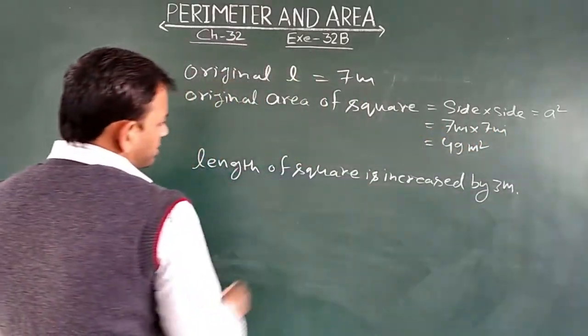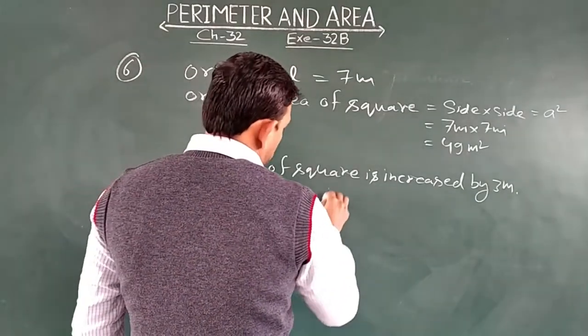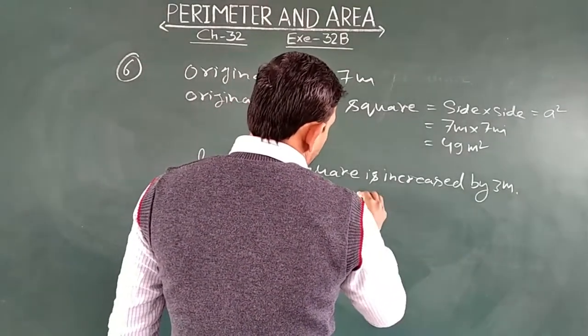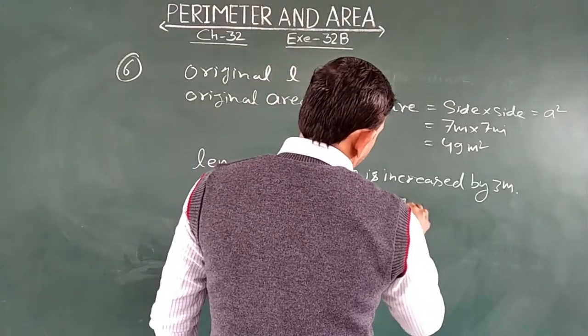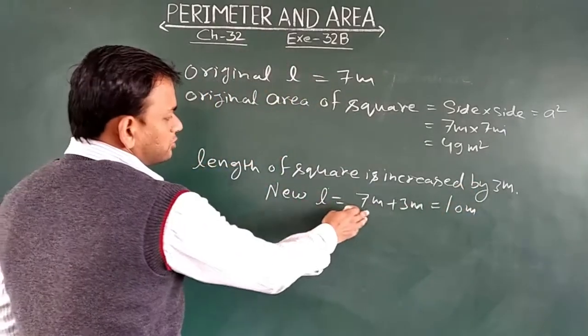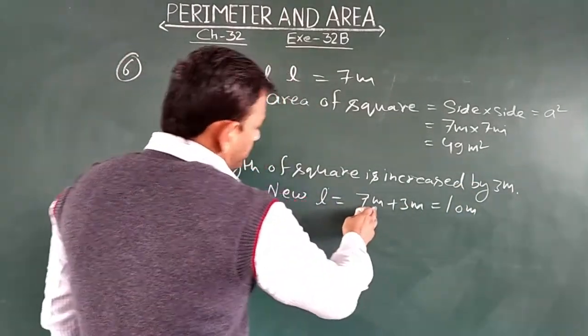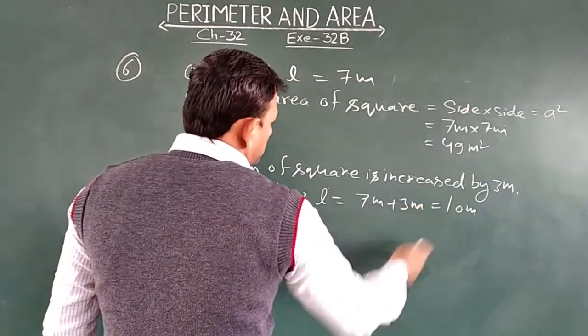So new length, new L will be 7 meter plus 3 meter, which is 10 meter. We will just add this 3 to the original length of the square. Okay, the new side of the square will be 10 meter.